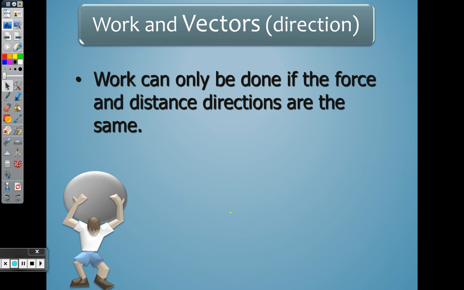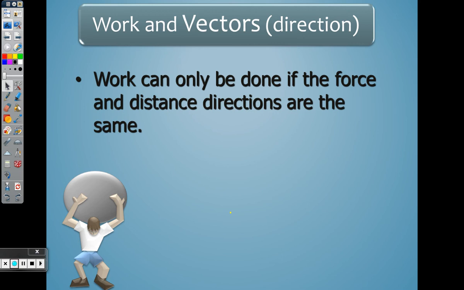They have to be the same direction, the same way. Their arrows have to be going the same way. So if your force arrow goes one way and the direction of motion goes the other, then there's no work.